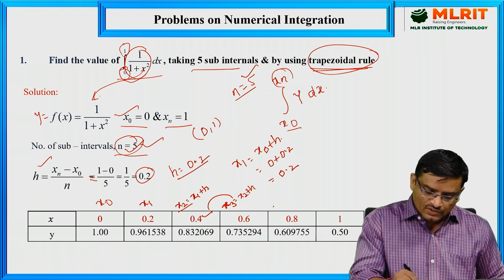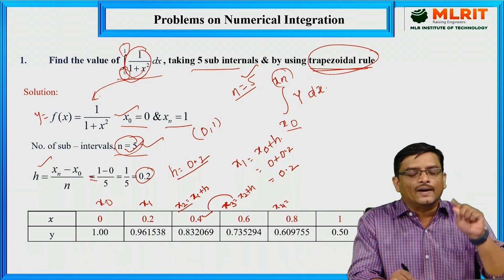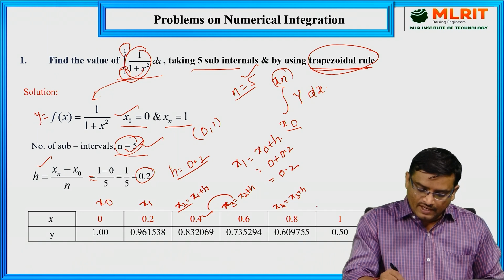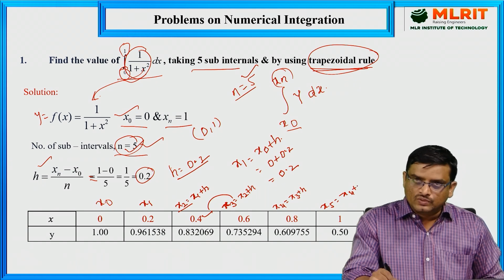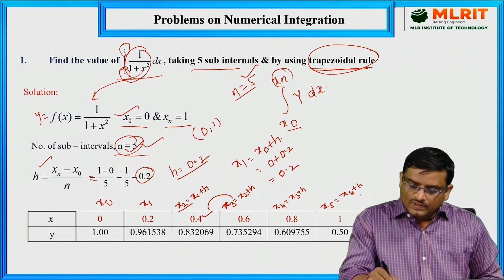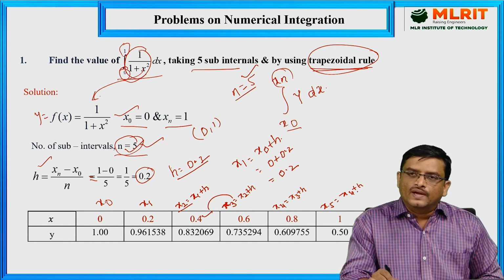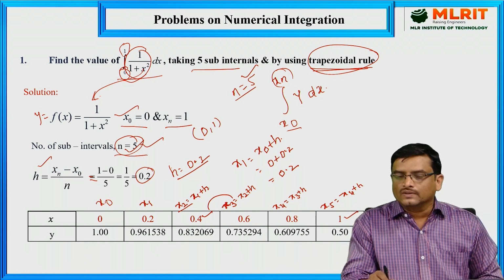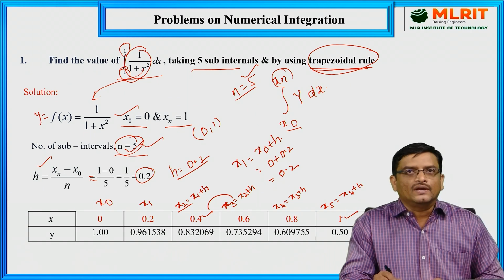Like this, you continue taking the values of x until we get our upper limit. So x4 is x3 plus h, 0.8, and x5 is equal to the previous value x4 plus h. So 0.8 plus 0.2, you will get 1. No need to go for the next one, because we have the upper limit as 1.